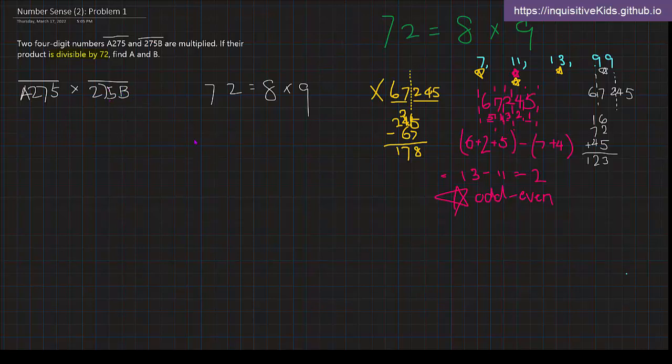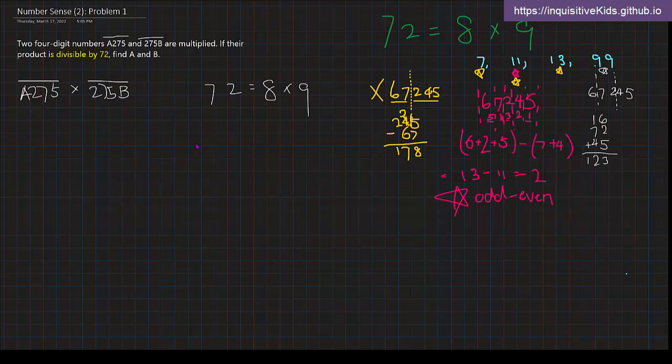So let's first think about which one can be a multiple of 8. 8 is an even number, which means it has a special need. So any multiple of 8 has to be even.